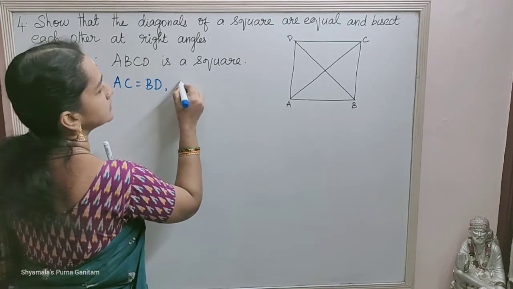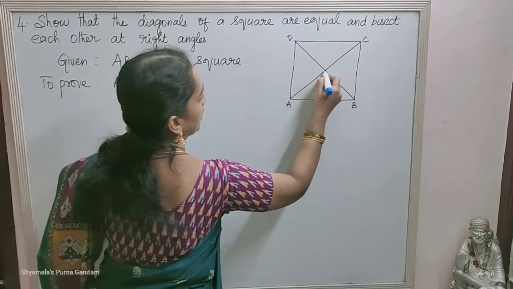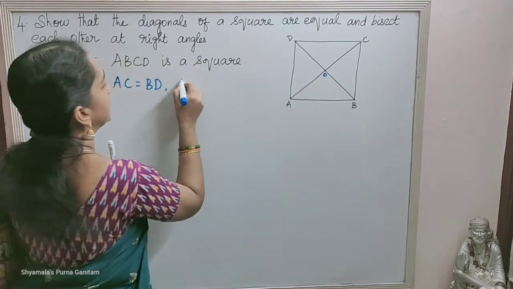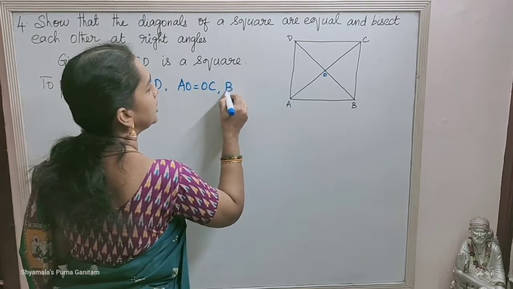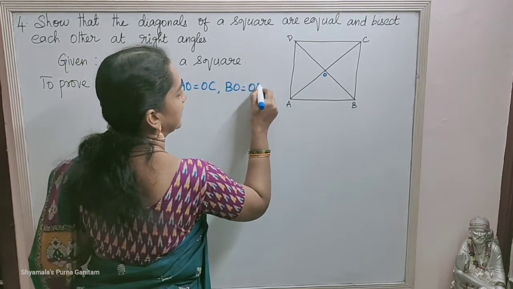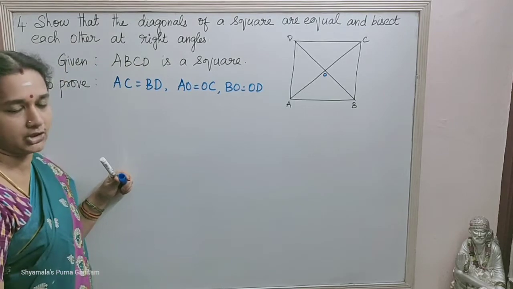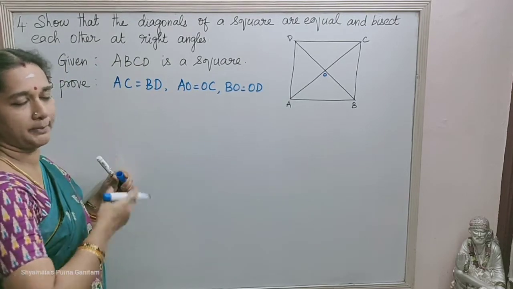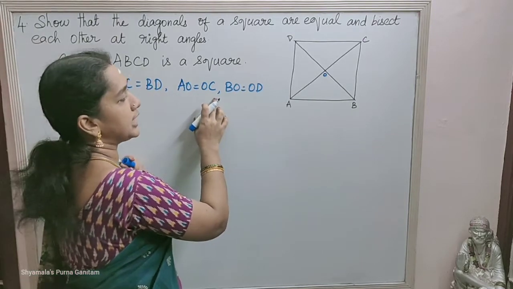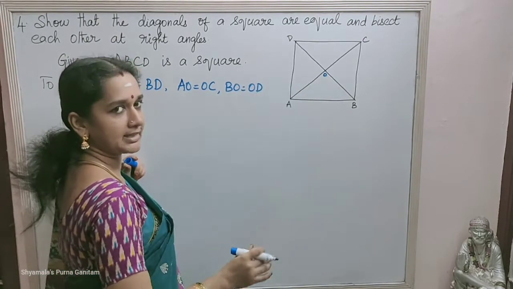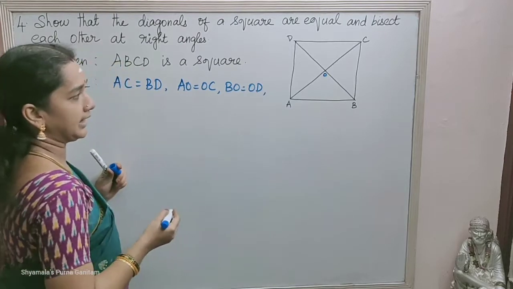Then, if you take this point as O, AO is equal to OC and BO is equal to OD. That means the diagonals bisect each other. So, this is the converse of the previous sum. So, AC is equal to BD, AO is equal to OC. That is, the diagonals bisect each other at right angles.